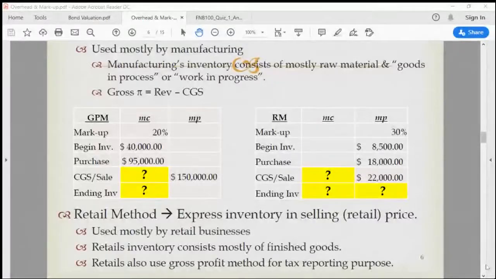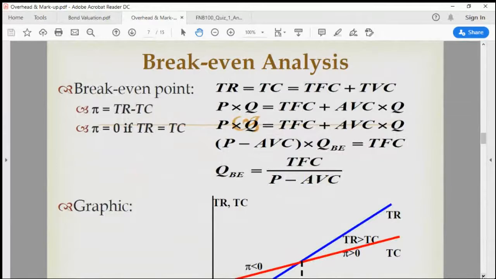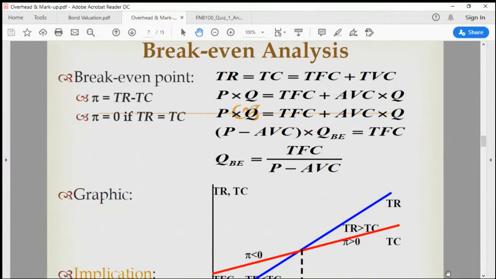the point again. All right. So now that's basically how you do the inventory. Now let's think about the break-even.